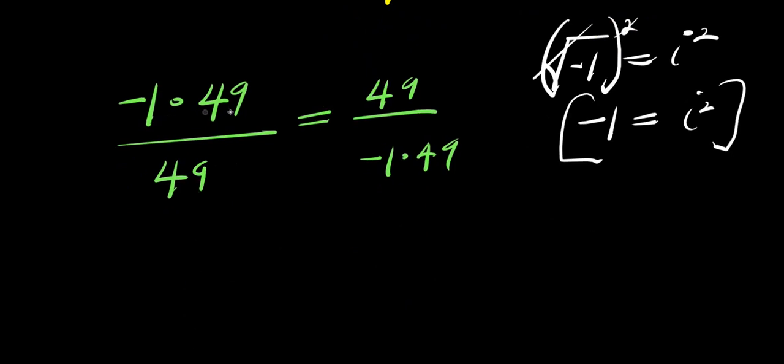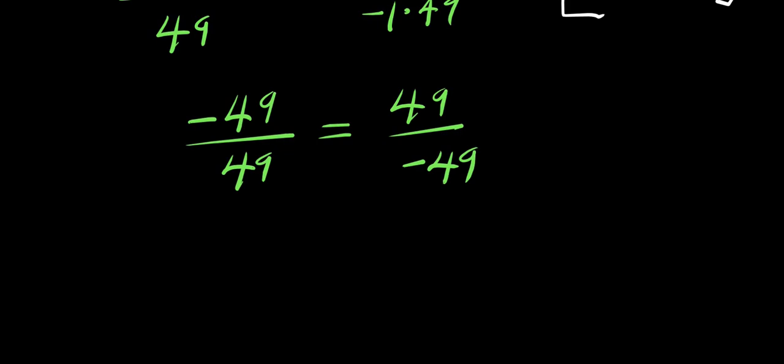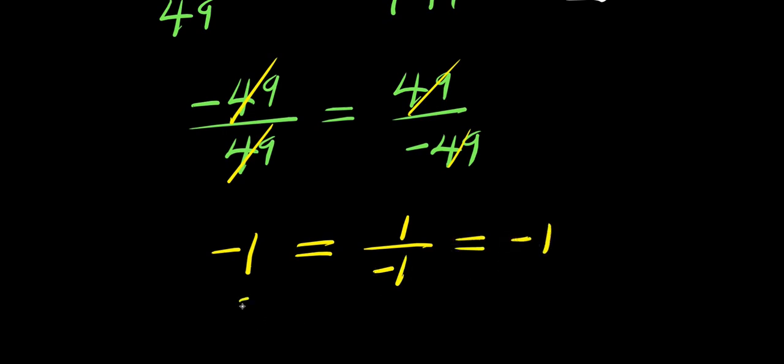So from here, -49 divided by 49 equals 49 divided by -49. So dividing this, we have -1 equals 1 over -1, which is the same thing as -1. -1 equals -1, that's correct.